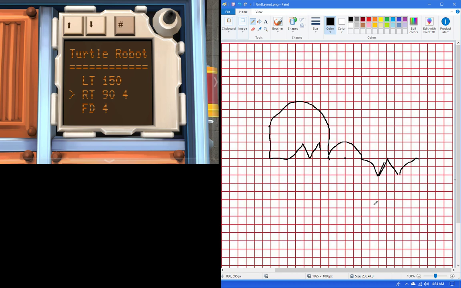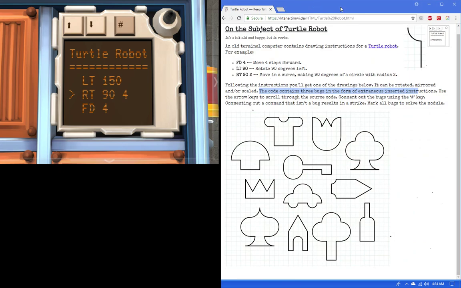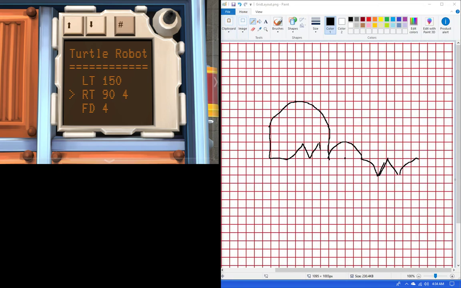Alright, so what is our assessment of what we're currently looking at? Well, we know for a fact that there are two 150s with massive curves in between each one. There's also this curve, and this kind of round pattern.